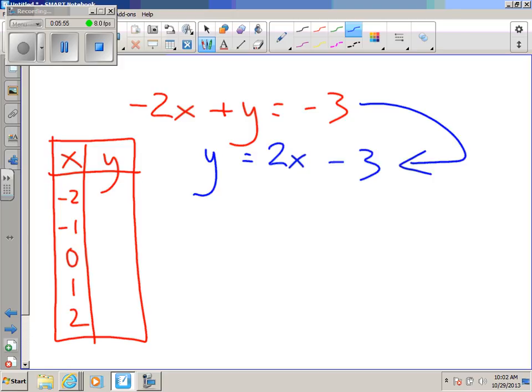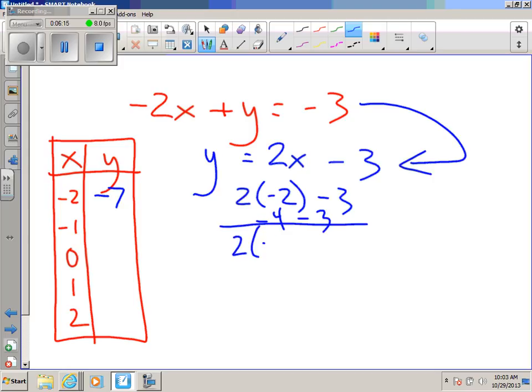So let's plug it in, see what we get. Let's plug in a negative 2. 2 times the negative 2 is negative 4. Negative 4 minus 3. So my first coordinate is negative 2, negative 7. Use the negative 1: 2 times negative 1, negative 2 minus 3. Plug in the 0, minus 3.